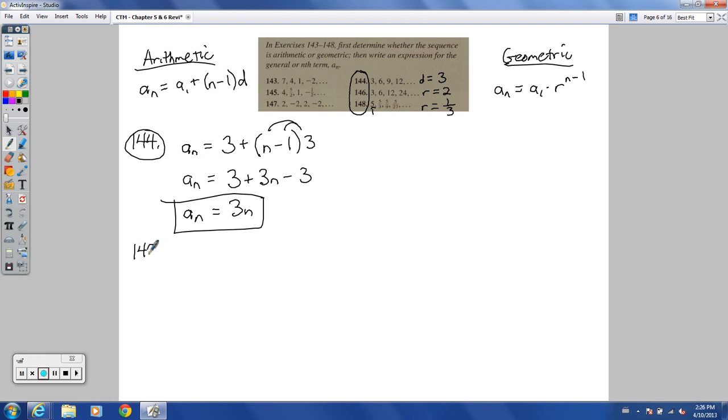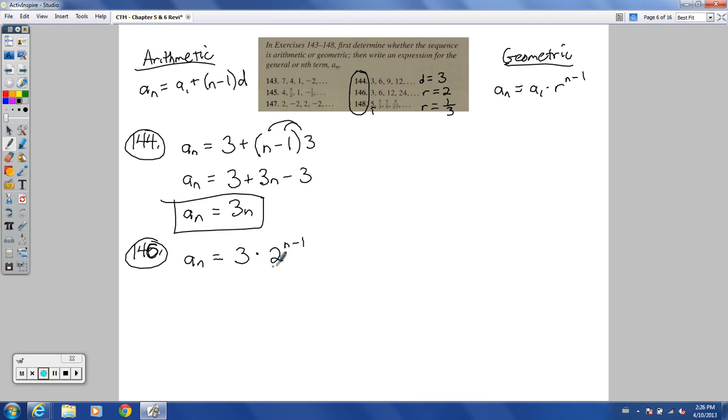146, I'll just turn that into a 6, there we go. 146, we're going to use this formula because it's geometric, we've got a common ratio. So a sub n is a sub 1, which is 3 here, times the ratio 2 to the n minus 1.